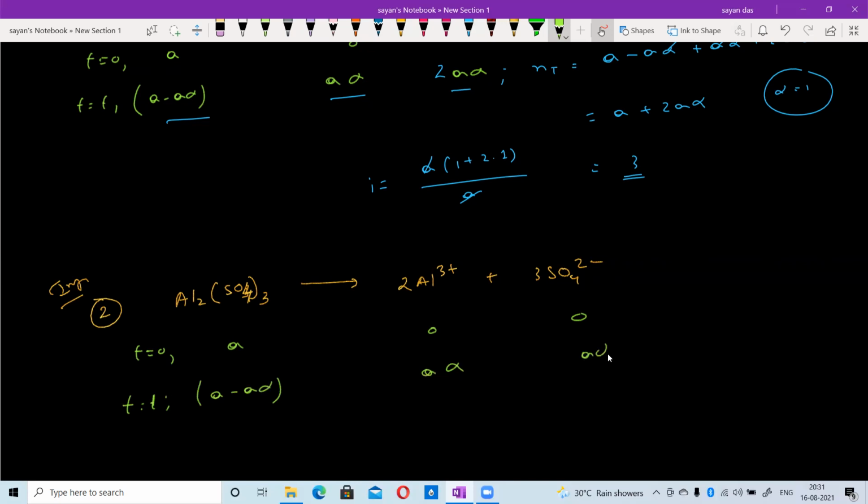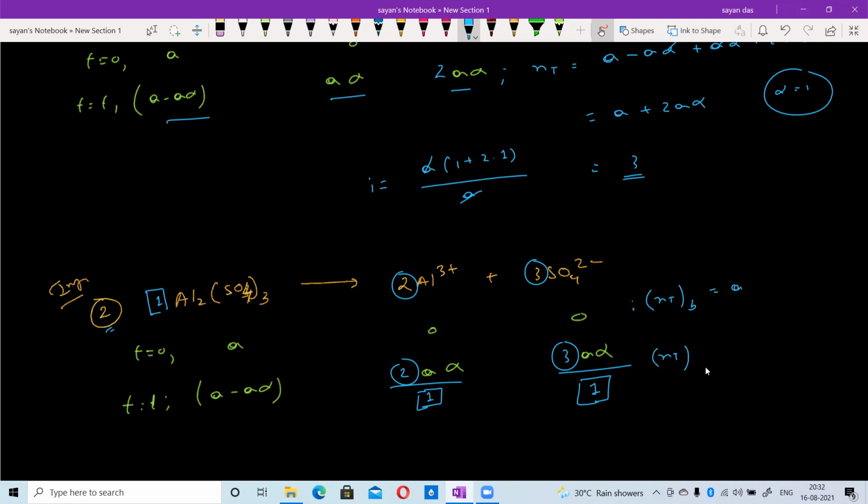Then this stoichiometry is always multiplied, so 2a alpha, and 3a alpha. What is the moles value before dissociation? That is a. After dissociation: a minus a alpha plus 2a alpha plus 3a alpha. So this value is a plus 4a alpha, and alpha is always taken as 1.